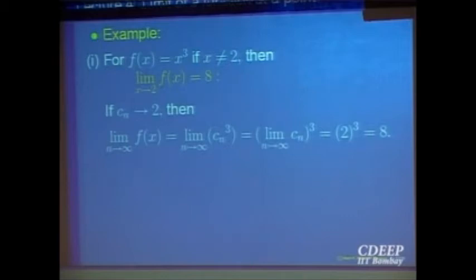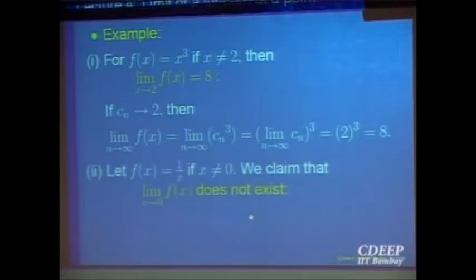What is the process of finding the limit? At whatever point c you want to find the limit as x goes to c, take a sequence Cn going to c, look at f of Cn and analyze that sequence. What is the limit of that? For example, let us look at the function 1 over x, x not equal to 0. I want to analyze what is the limit of this as x goes to 0.